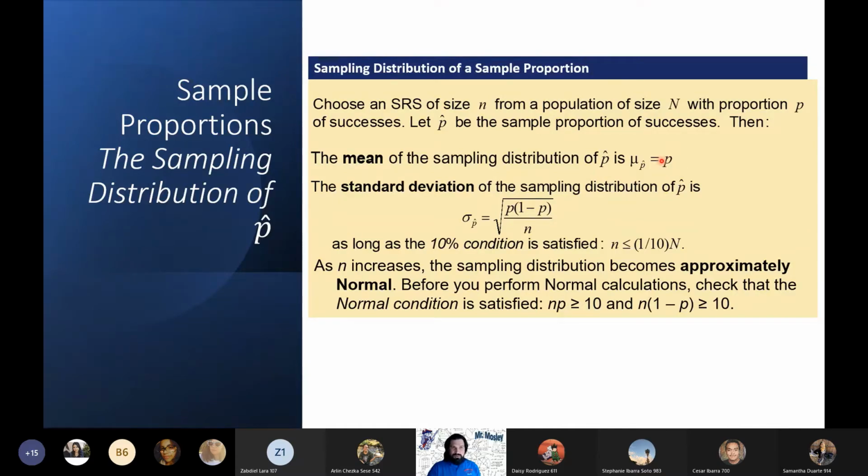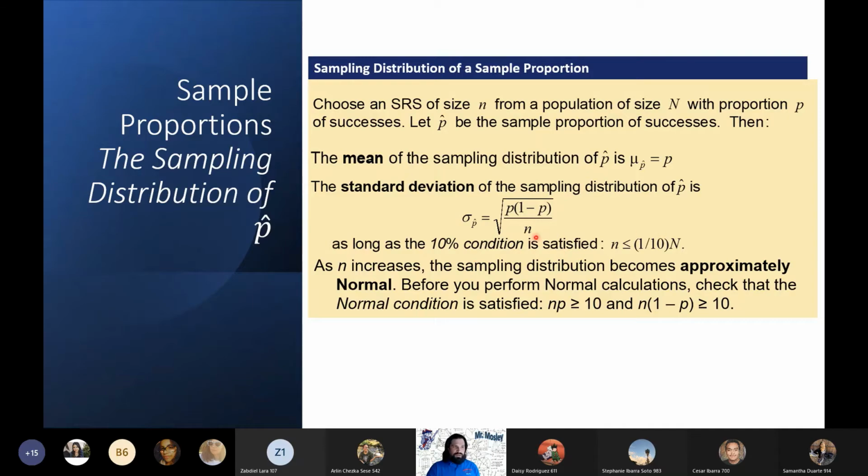It's just equal to the parameter from the population. The standard deviation of the sampling distribution of p-hat is the square root of p times 1 minus p over n. Essentially, the probability of success times the probability of failure divided by sample size, and then we take the square root of all that.